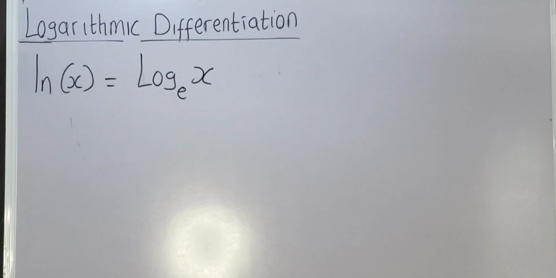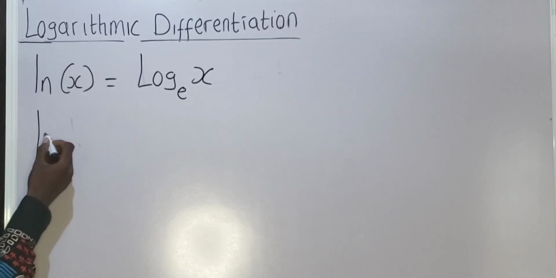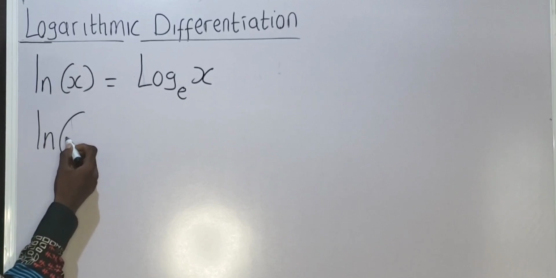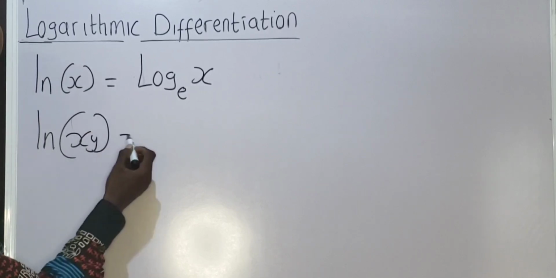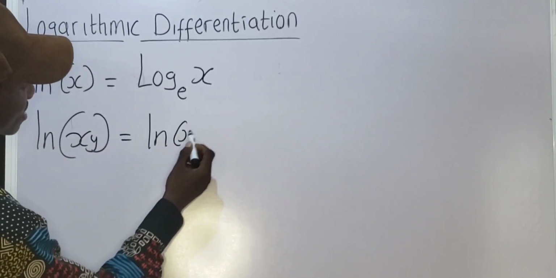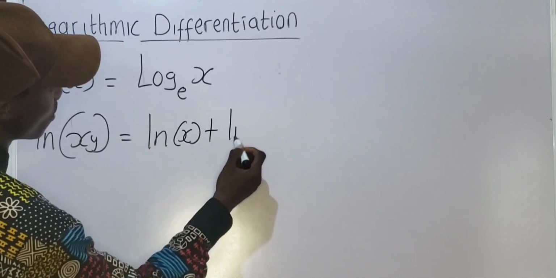Okay, and also I want us to talk about some important laws that we make use of in logarithmic differentiation. Those are the laws of logarithm. For example, if I have the log of a product, this can be written as what? Ln x plus ln y.